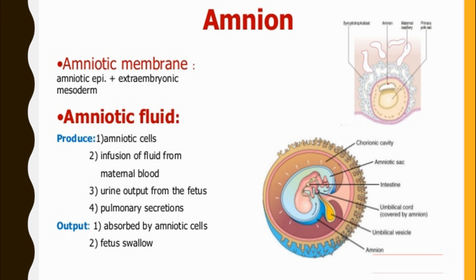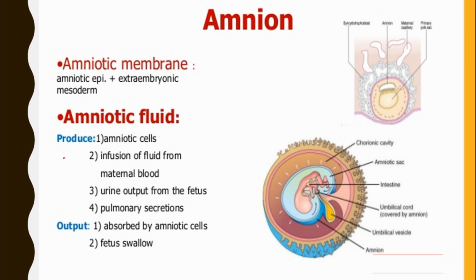Here you can see amnion is the innermost layer and chorion is the outermost layer. This is the fetus here. Okay, these are the umbilical vessels, amnion, amniotic sac and chorionic cavity. And amniotic fluid, as I told you in the earlier class, is produced from amniotic cells, infusion of fluid from the maternal blood, urine output from the fetus, and pulmonary secretion.